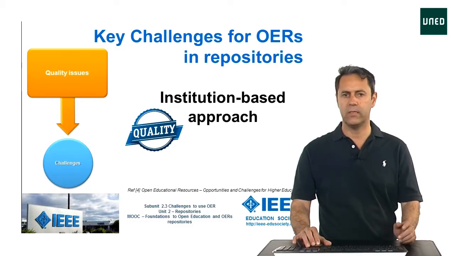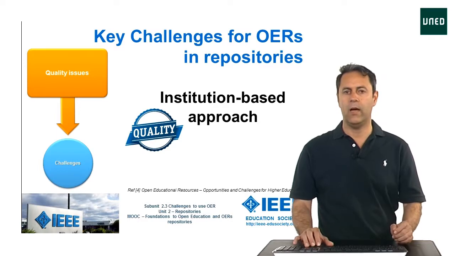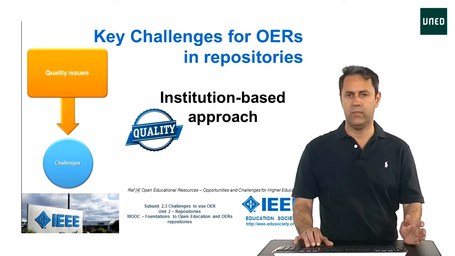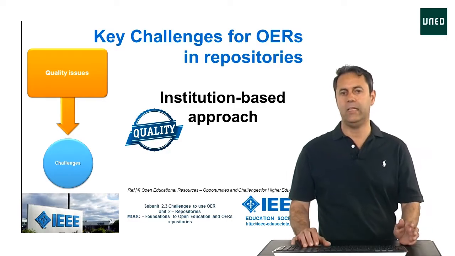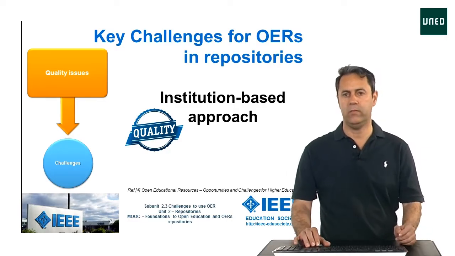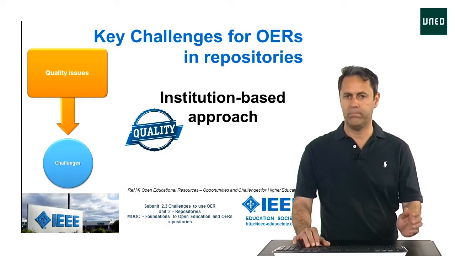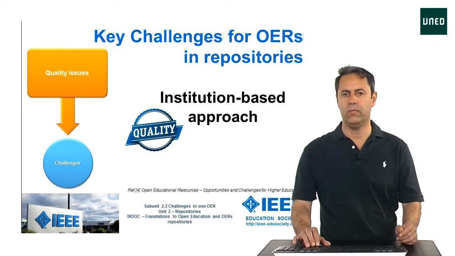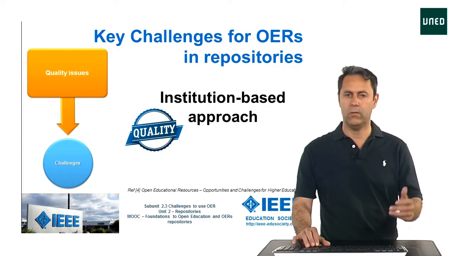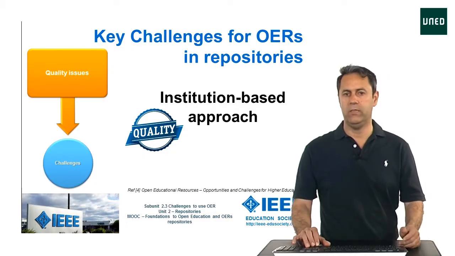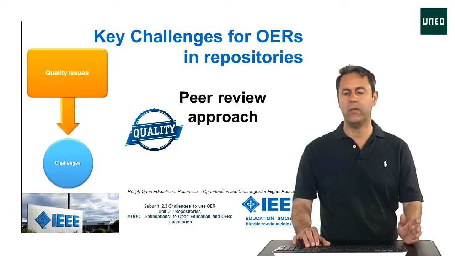That means that the contents are related with the reputation of the institutions. So the users can take into account the quality of the content related with the reputation of the open educational resources provider. For example, OpenCourseWare or Open University in UK. Good reputation.